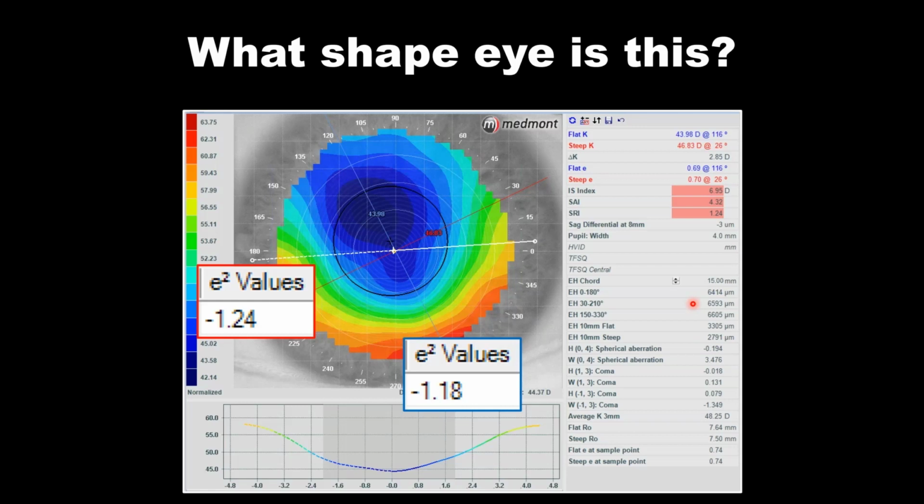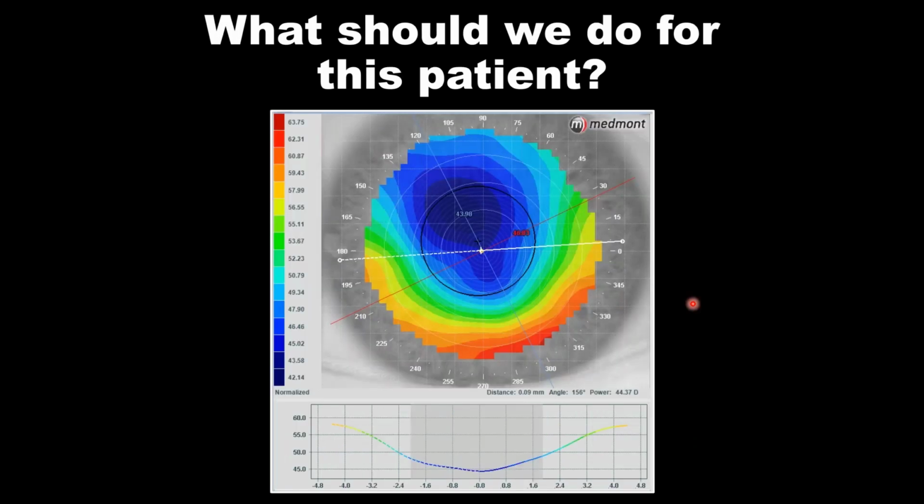Do not choose the low sagittal depth. Go right to the highest depth in your fitting set. So I think for this patient, the options are a little more narrow than they might be for the previous keratoconic patients that we looked at.